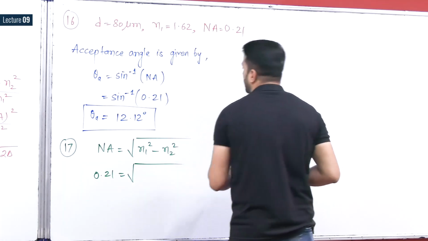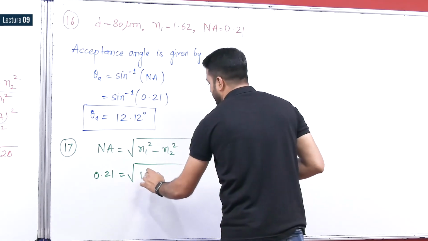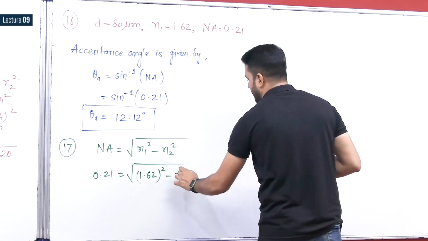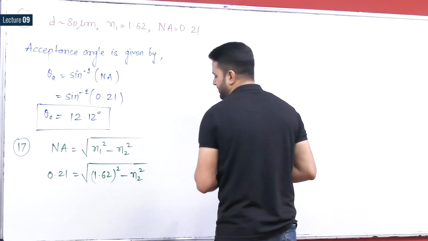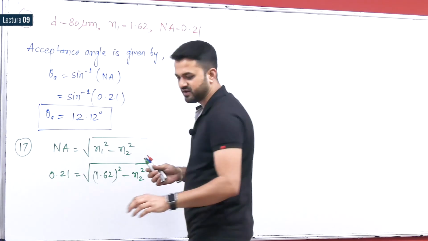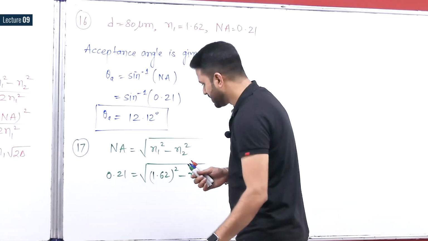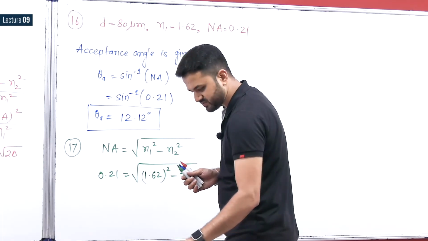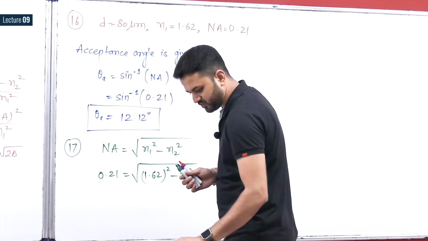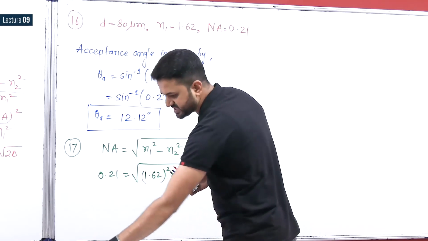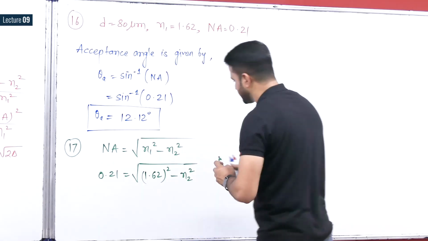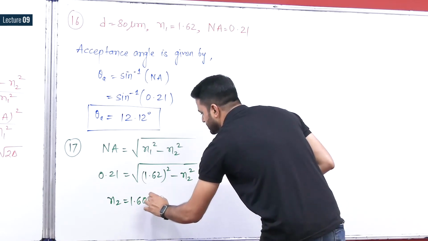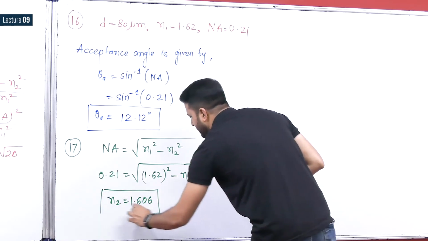The refractive index of the core is 1.62 whole square minus n2 square, where n2 is the refractive index of the cladding that we have to calculate. So it would be 1.62 square minus 0.21 square. If I take the root over it, I will get 1.606. So the refractive index of the cladding is 1.606.